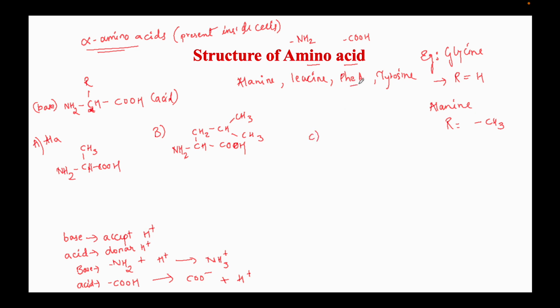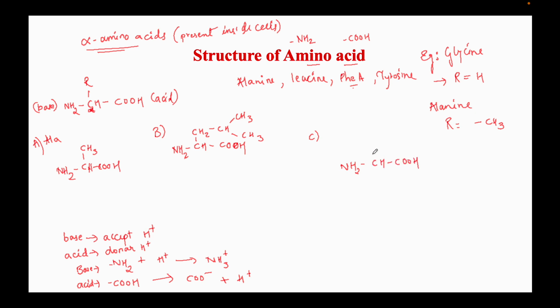The third amino acid is phenylalanine. It will have a phenyl group as the R group. So first we'll draw the backbone, a very simple amino acid backbone.